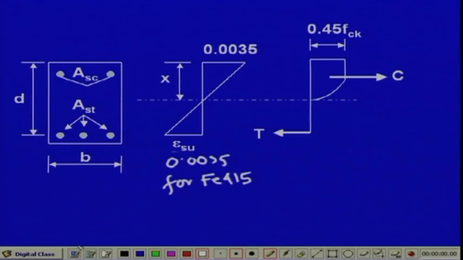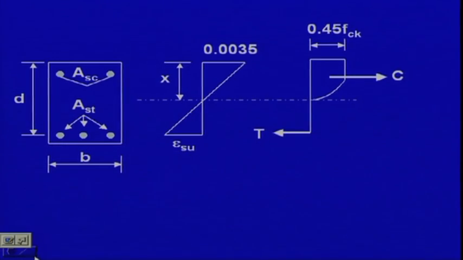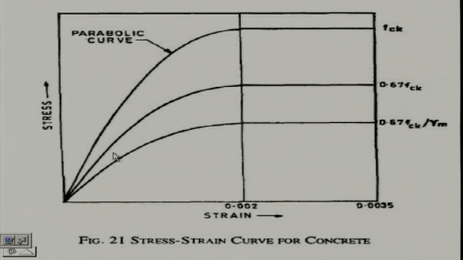What we can do now, we are using this curve, it is dependent on the strain. Up to 0.002, we shall come back up to 0.002 strain.